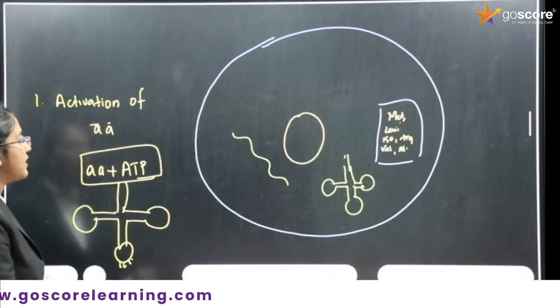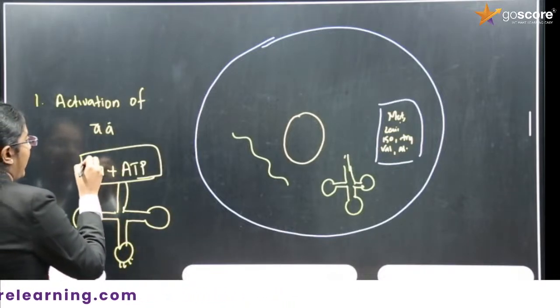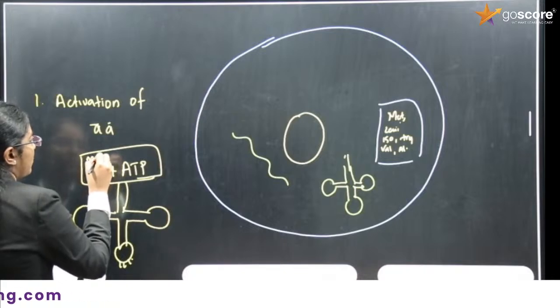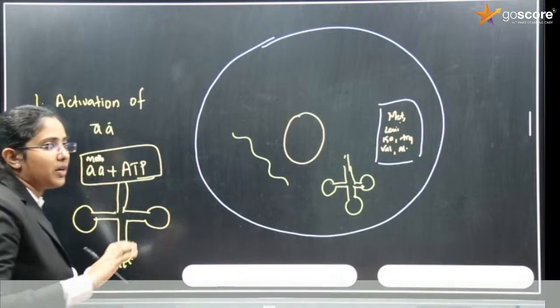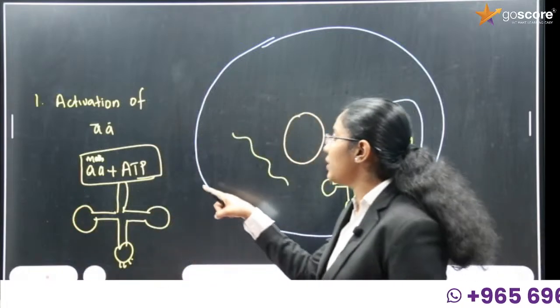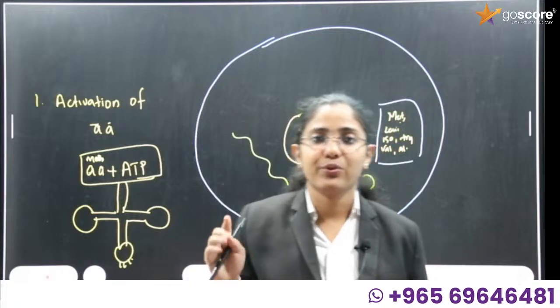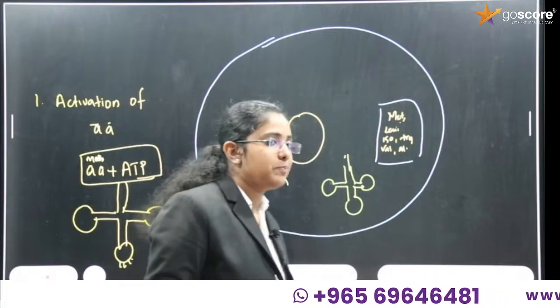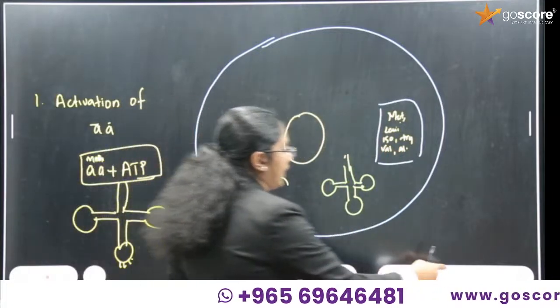If you consider an example, methionine: methionine will be activated with an ATP molecule, and next this methionine will be connected to the 3' position of tRNA. Okay, let's see the steps in detail.